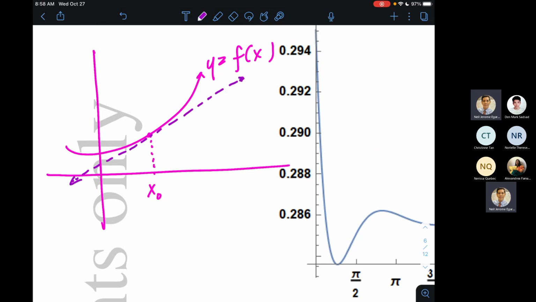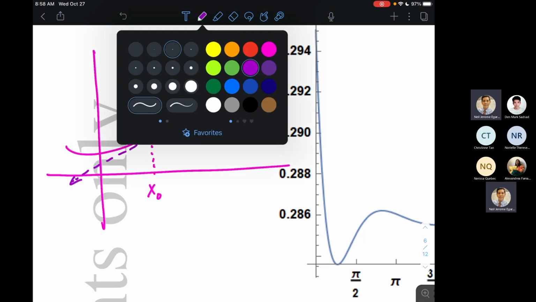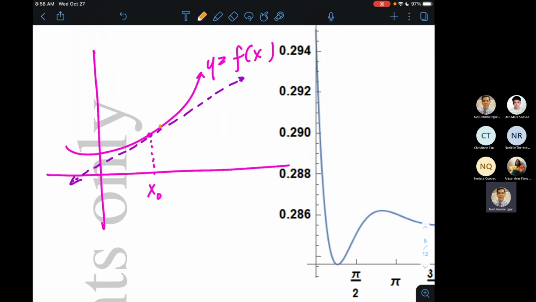So yung slope ng purple line na yan, siya yung magbibigay sa atin ng eksaktong derivative. But when we choose an x sub 1, right, somewhere near the neighborhood of x sub 0, halimbawa nandito si x sub 1, okay? So yung secant line joining the point corresponding to x sub 0 and x sub 1 will kind of look like this, all right?